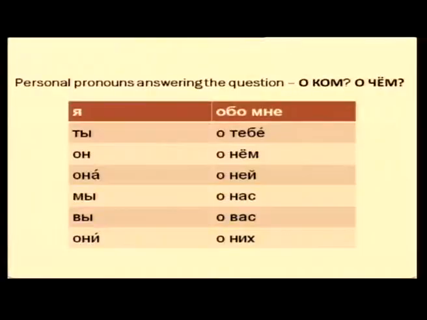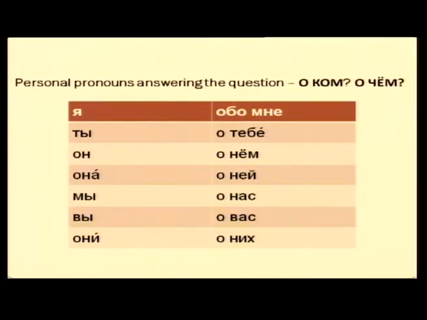Accordingly, dear learners, as we have discussed in our previous sessions about the usage of personal pronouns in Russian, you already know that in Russian we have personal pronouns like я, ты, он, она, оно, мы, вы and они. In this case too, please pay attention to the next slide so that we can understand these personal pronouns when they are asked with the questions о ком and о чем.